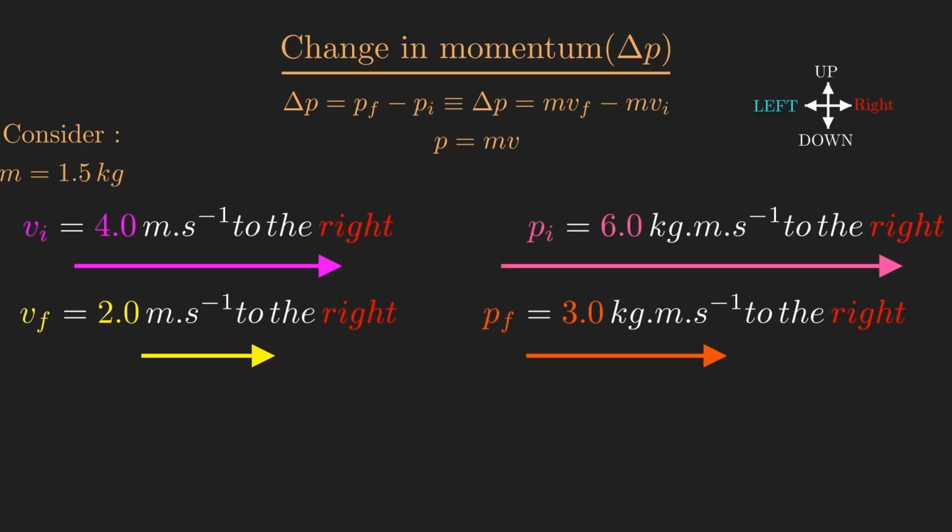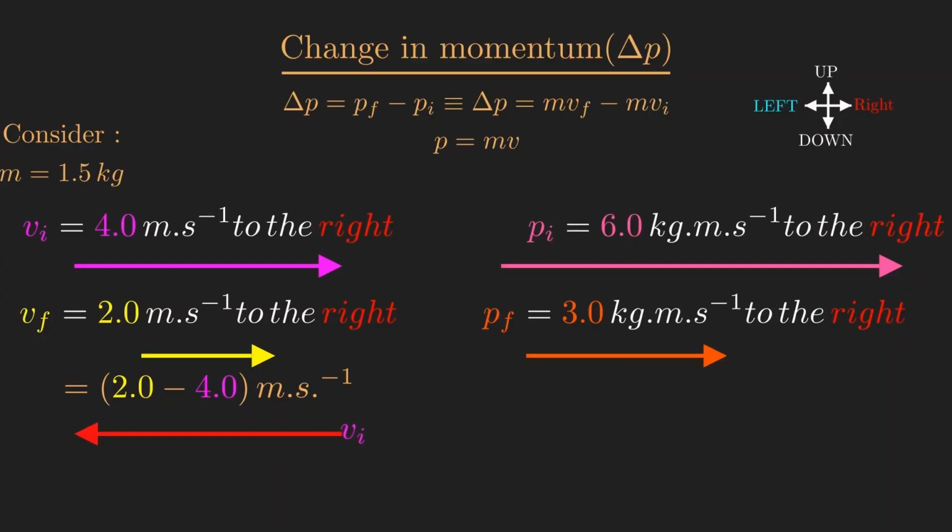What is change in velocity? Change in velocity is v final minus v initial, which is 2 minus 4 meters per second. And do as we did in the previous example, consider this as adding the negative of the initial velocity to the final velocity.